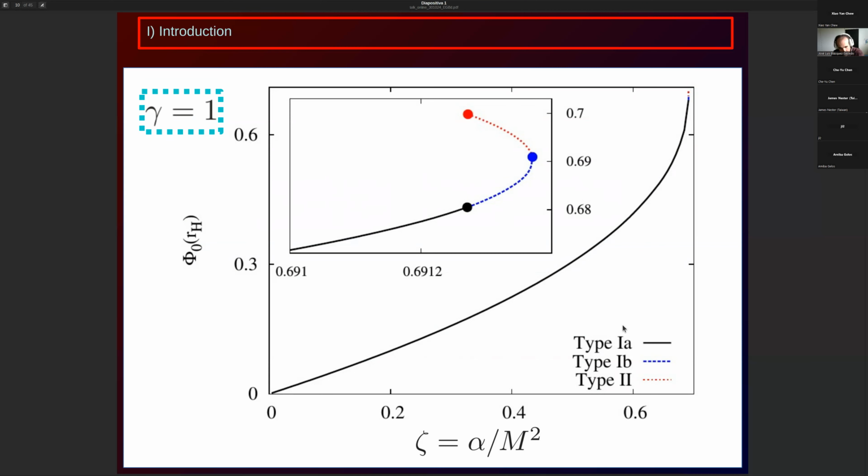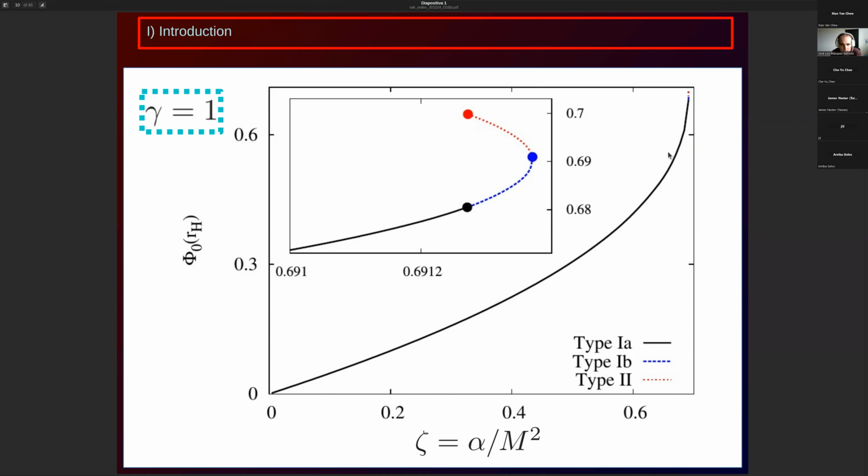I think the best way to understand how the space of solutions looks is with this kind of diagram. For example, here I show you the value of the scalar field at the horizon as a function of the Gauss-Bonnet coupling constant scaled to the mass. The coupling constant has units of length squared, so it's convenient to scale it to the mass of the black hole, right?